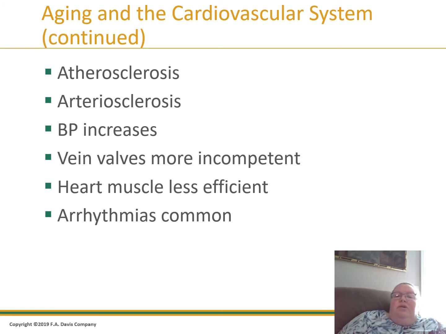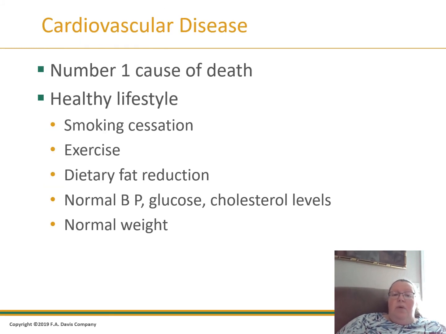So aging in the cardiovascular system due to atherosclerosis and arteriosclerosis, blood pressure increases, vein valves are more incompetent, heart muscle is less efficient, and arrhythmias are common. Number one cause of death is cardiovascular disease.